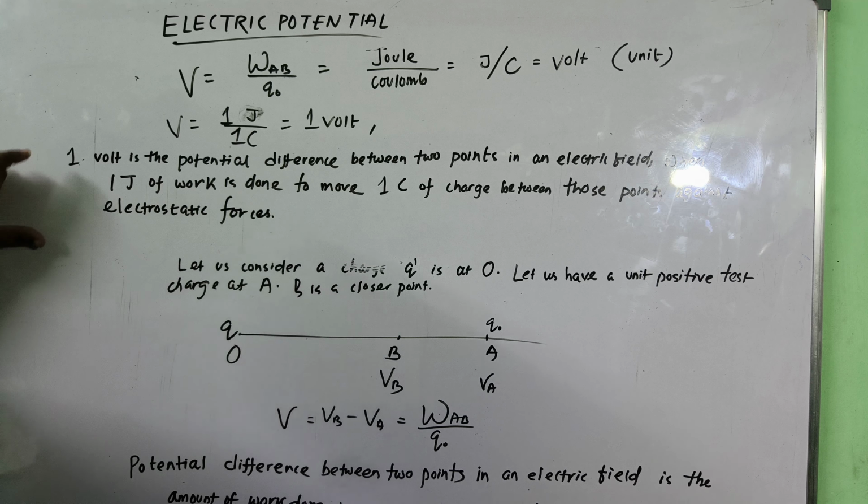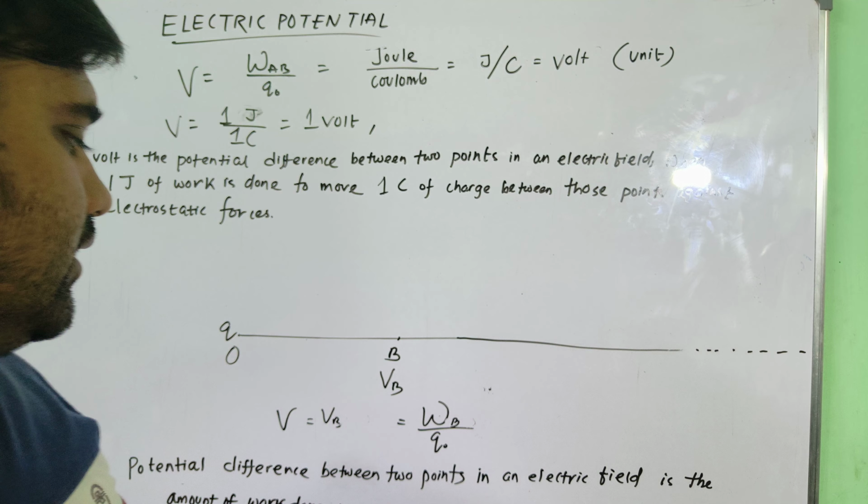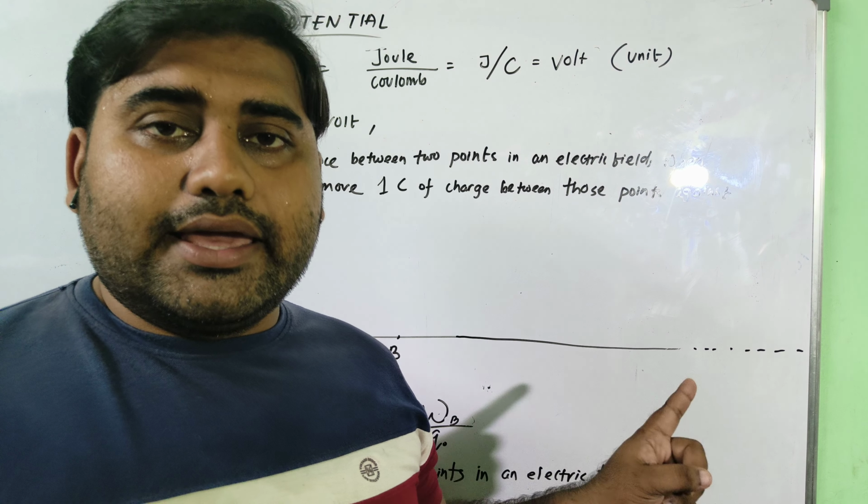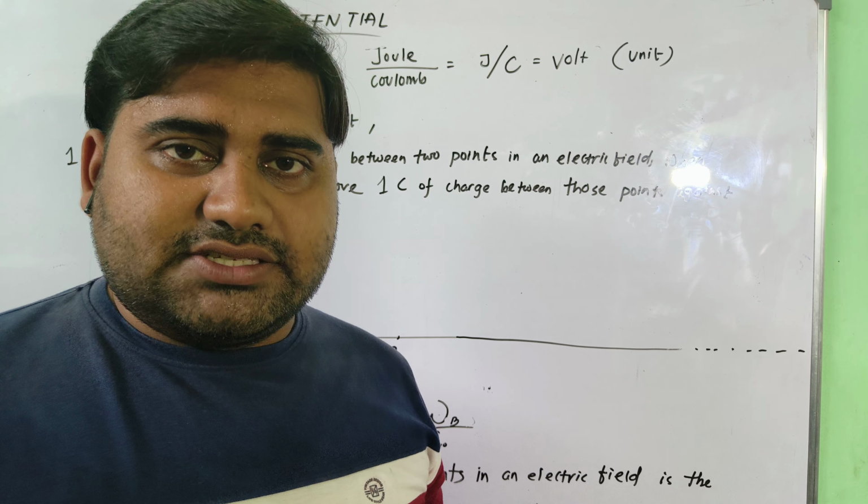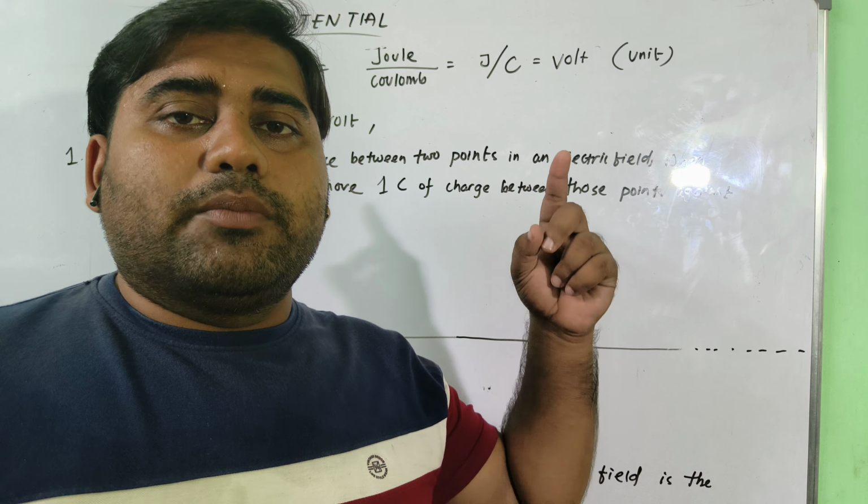Potential at B is defined as the amount of work done in moving a unit positive test charge from infinity to that point under consideration against electric forces in an electric field. So from this you can actually calculate electric potential at B.